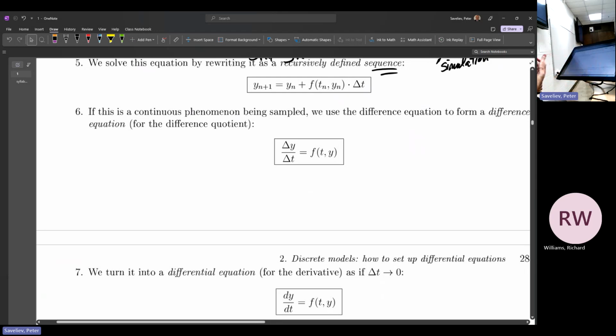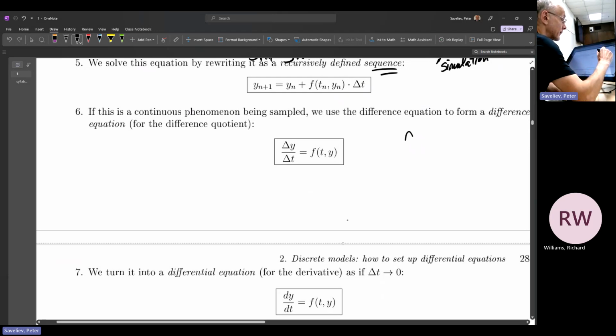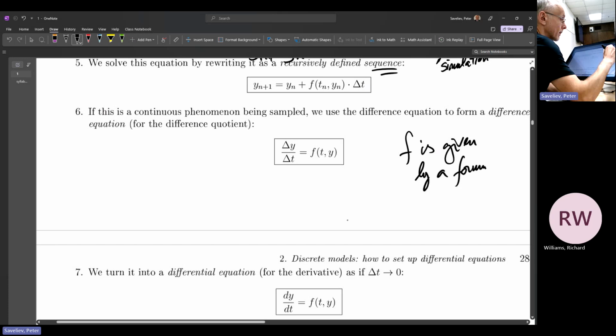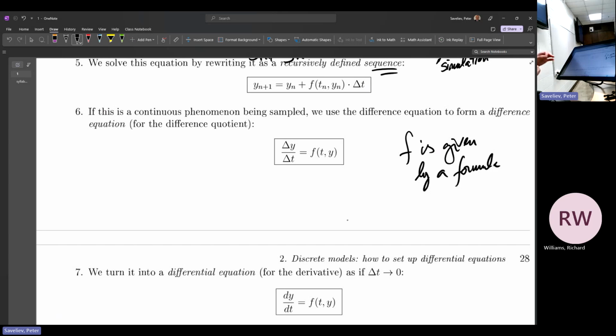How does delta t go to 0? This only works when f is given by a formula. Data might be fed into your system, and you can find the velocity and predict what's going to happen.